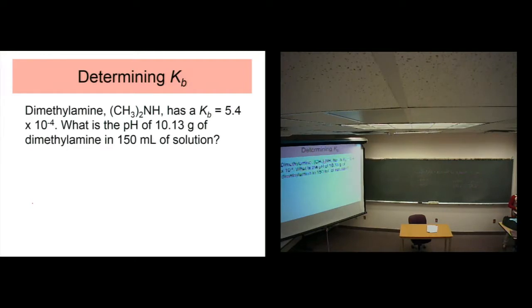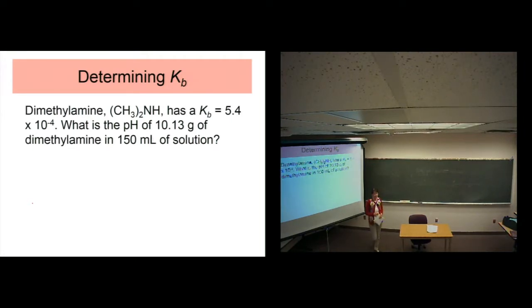Yeah, you make the assumption on this one. So we found the initial molarity is 1.5, and then put those equilibrium concentrations into your Kb. If you make the assumption, it's easy to solve, isn't it? Yes. So if we make the assumption, what are you getting for x?